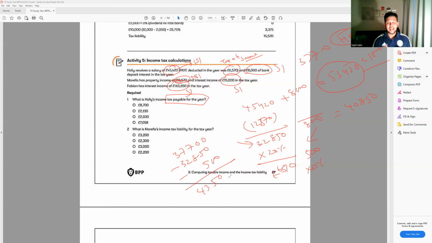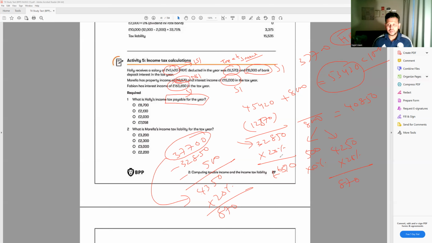That is still available at the basic rate of 20%, so 4,350 times 20% gives me 870.